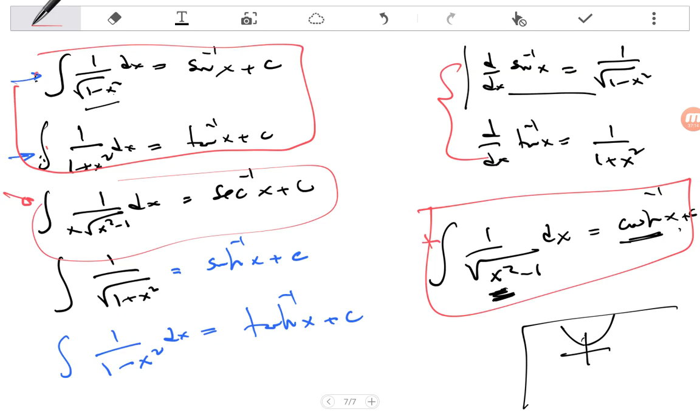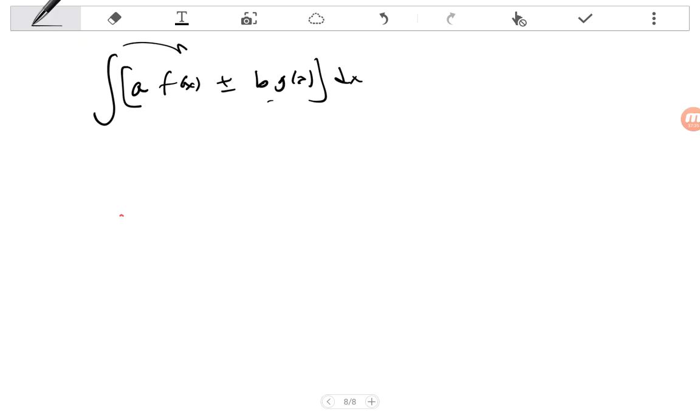The first skill, or the first rule, that we learn is that integration is linear. What do we mean by that? If I have a f of x plus or minus b g of x, just as in differentiation, the integration may be distributed like this.